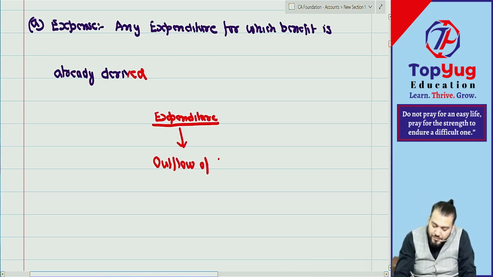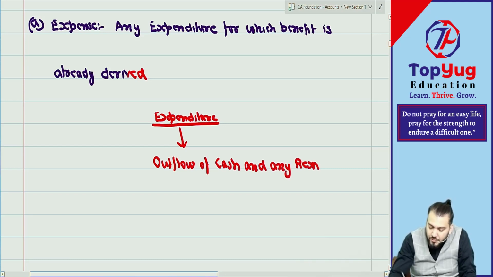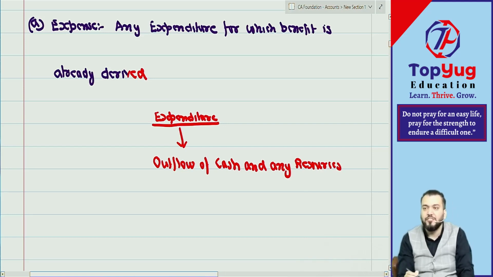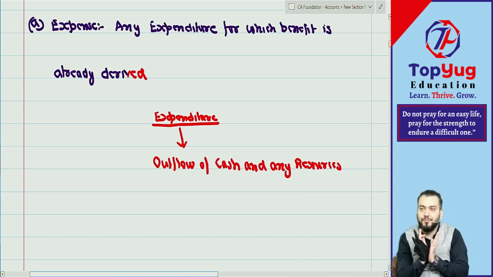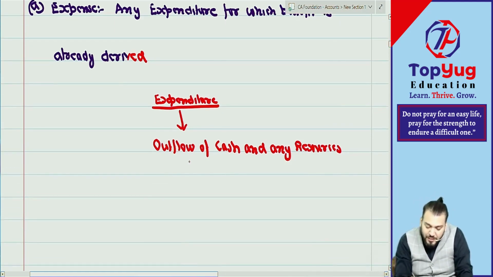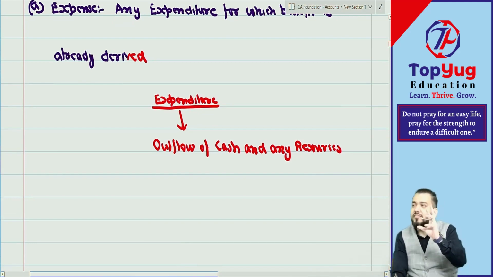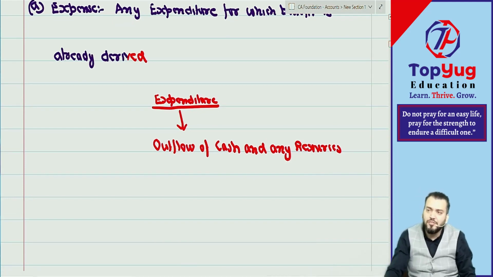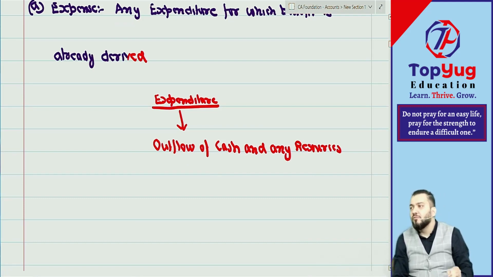Outflow of cash or any other asset or any resources, that is an expenditure. Are you getting what I am saying? Now my question to you all: why will we incur some expenditure?